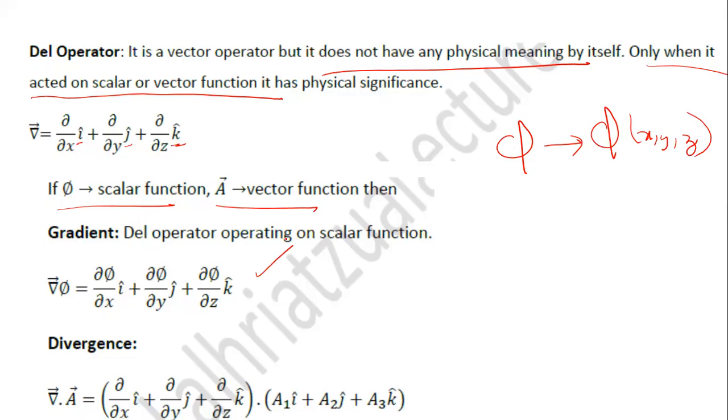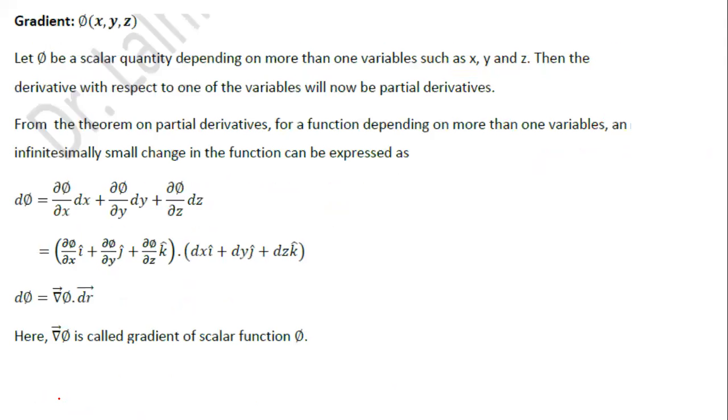So this is how it is. When this vector operator operates on this scalar function, the scalar function will be differentiated with x, with y, and also z. And divergence is when this del operator operates on a vector function, and in between the vector operator and the vector function, if there is a dot product, then that is called a divergence.